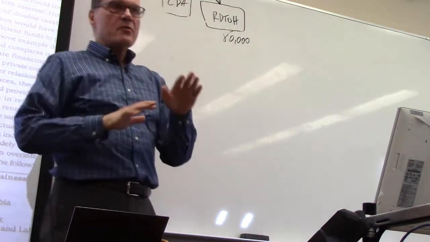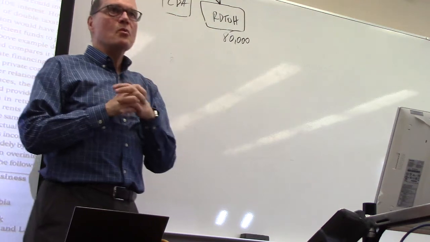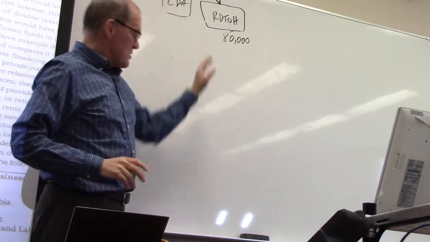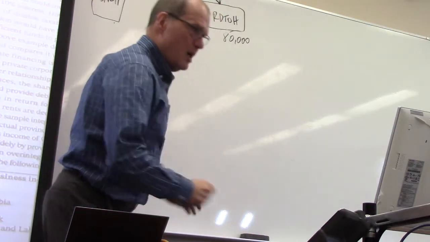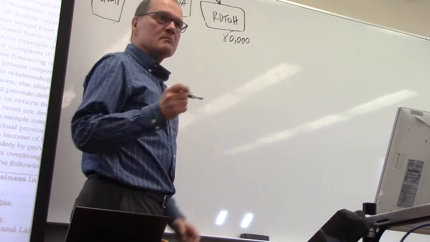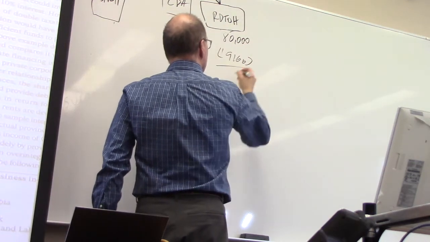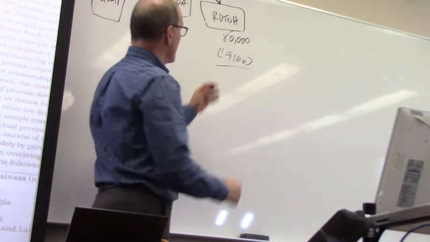We're claiming a dividend refund, which was 50,000 times 30 1/3%. Yes, that would reduce, and what is the amount again? It was 19,166. Our RDTOH going forward is whatever that is.